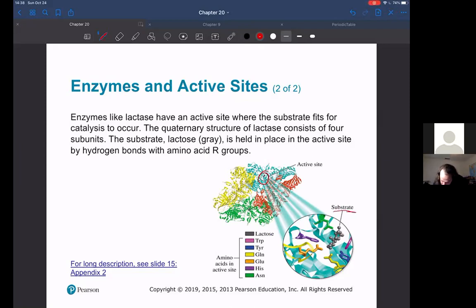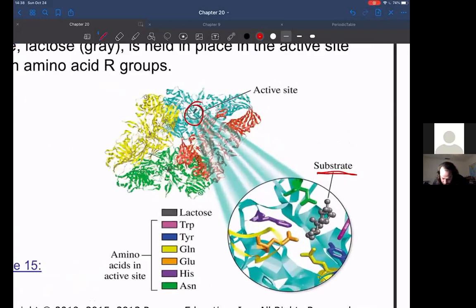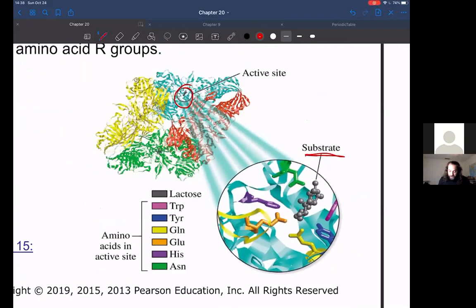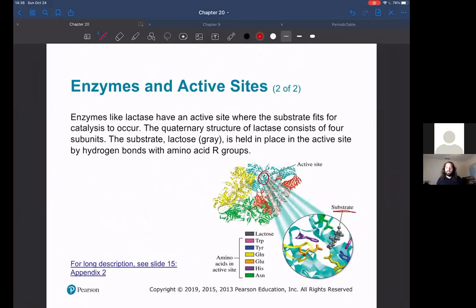So here's the lactose, the substrate pictured in gray, and zoomed in, you can see the different amino acid residues that are interacting with that galactose. And so what this enzyme would do is catalyze the breaking apart of that disaccharide into its monosaccharide components.